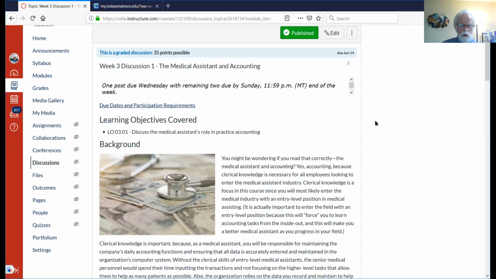So this is the sort of administrative task. As I said, the big black medical assisting book that I call the boat anchor has sections on the administrative duties of a medical assistant.